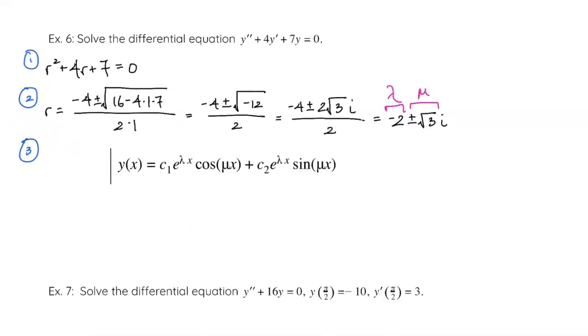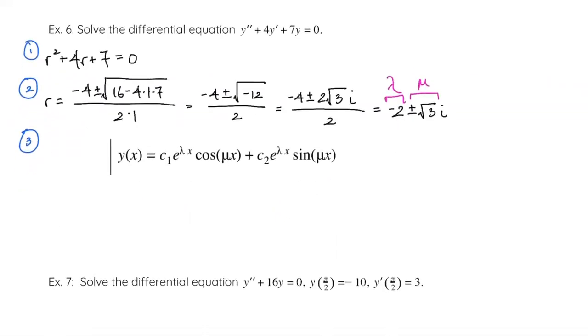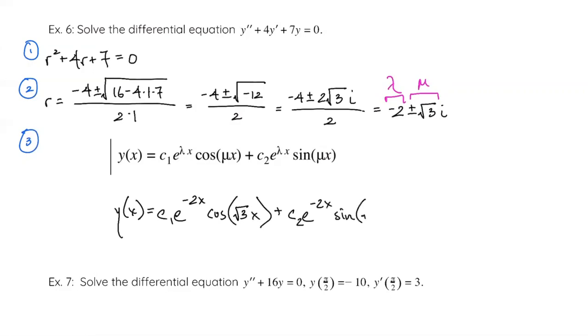If we have this and we want to plug in, everywhere we see a lambda, we're putting in -2, and everywhere we see a mu, we're putting in root 3. We'll end up with y of x equals c1 e to the -2x cosine of root 3x plus c2 e to the -2x sine of root 3x.